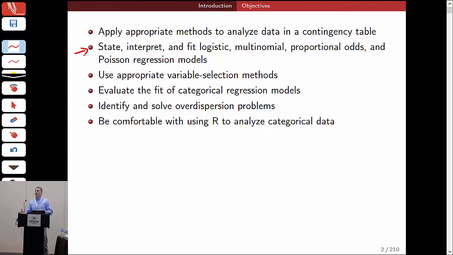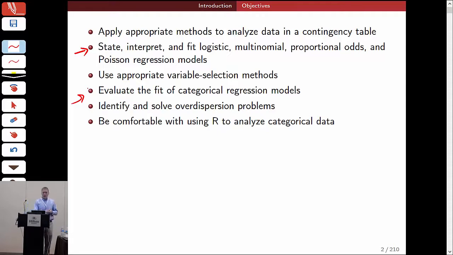And in many cases, too, we're going to be trying to figure out, well, which variables do I include in one of these regression models? So we're going to be looking at appropriate variable selection methods, such as Bayesian model averaging, to help us do that. Well, also, once we get what we think is a good model, we're going to be looking at ways to evaluate the fit of the model, so we can understand how well does it fit the data.